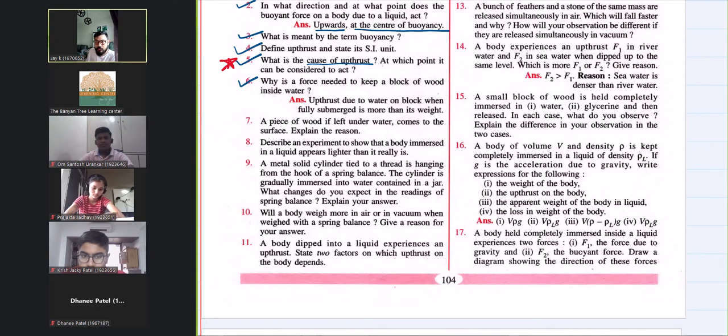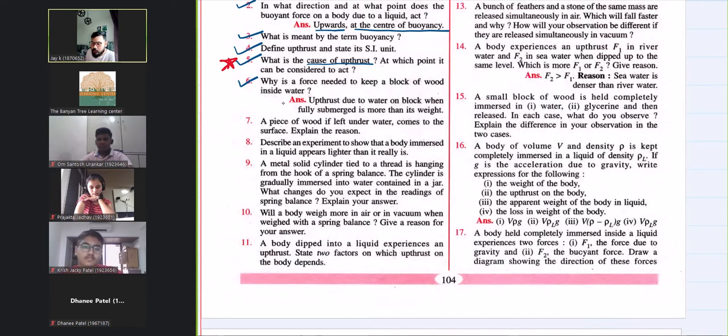So they have just given a hint. So you need to frame it properly कि कोई भी ऑब्जेक्ट जब पानी पे फ्लोट कर रहा है और तुम्हें उसको सबमर्ज करना है, then you need a force to be applied on that object in the downward direction against the force of upthrust, against the upward force which is exerted by the fluid. तो यहाँ पे लिखा है upthrust due to water on block when fully submerged is more than its weight. Yes, of course it is more than its weight.